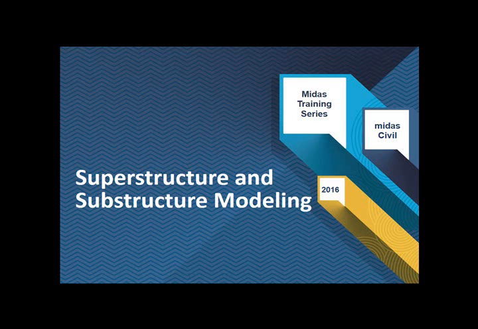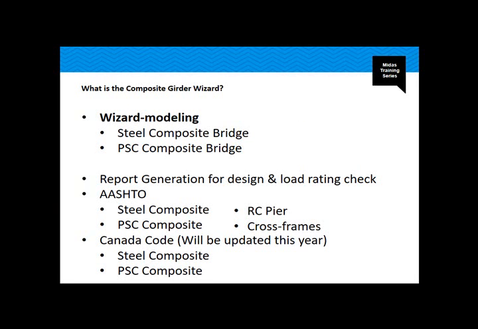In this case, we're going to model the superstructure and the substructure in the program using the Wizard that we implemented recently. The Wizard is a composite girder module where you can perform the modeling of a steel composite bridge or a pre-stressed composite bridge. These were the two last functions that were implemented in the program.